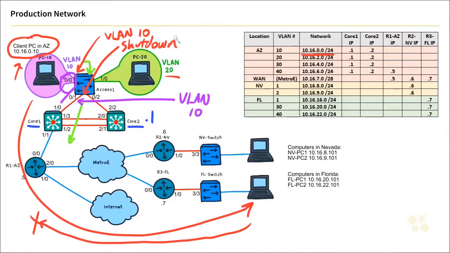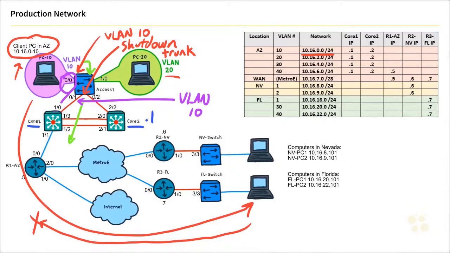It's possible that was the only problem. It's also possible that it wasn't in trunk. So I went ahead and put it into trunk before I realized it was shut down. If that was already in trunk mode, then that command didn't do a whole lot. But the fact that I put that in, it maybe fixed the problem. And so doing the no shut was possibly a third thing.